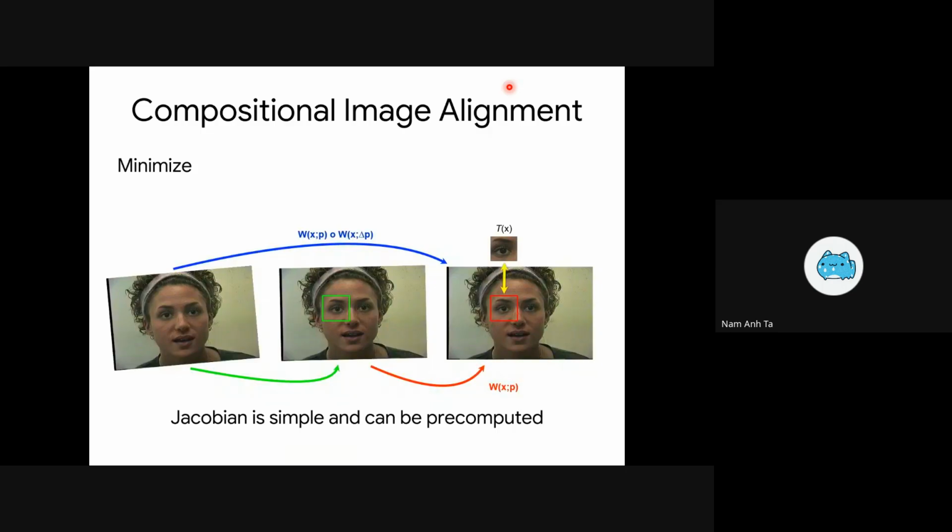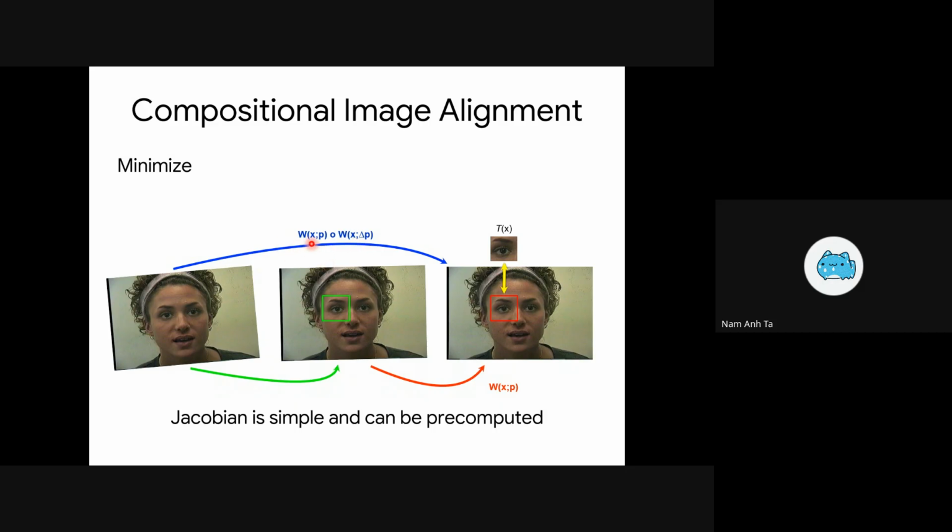Our goal is the same, to minimize the sum of squared error, or the SSD. Next up, we will use the first order Taylor expansion like previously, so we can linearize the equation. What is the key here? We split the warp function into two parts.